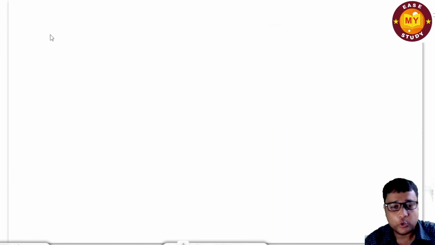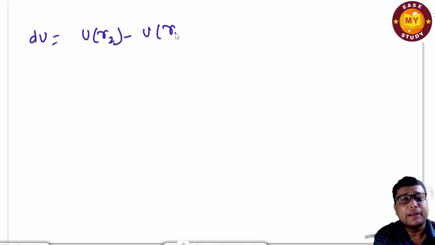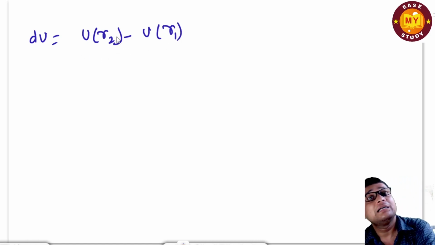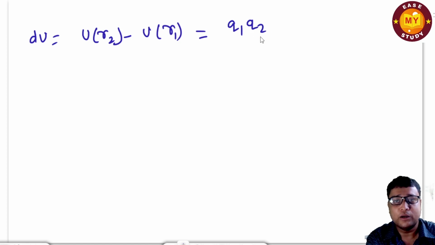So instead, write this negative of work done, which is the change in potential energy, basically ur2 minus ur1, because you are moving from r1 to r2. So the change in potential energy is ur2 minus ur1.